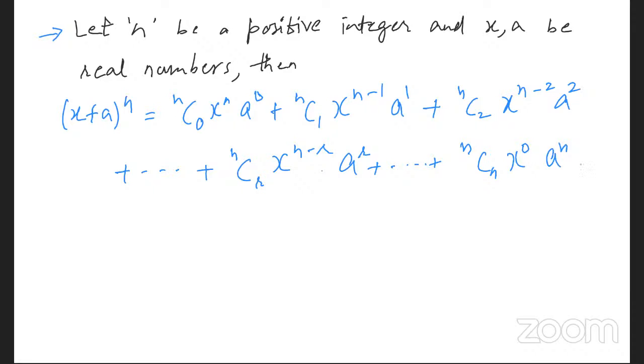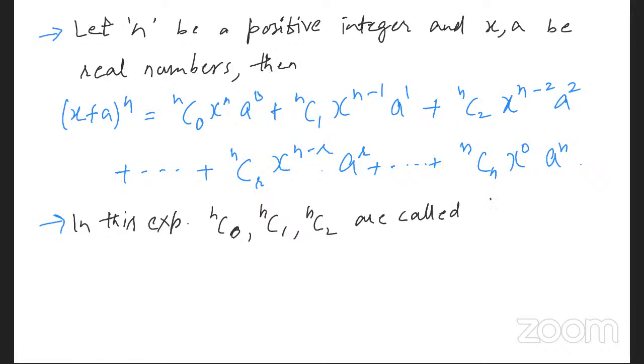So in this expansion, nc0, nc1, nc2 are called binomial coefficients.